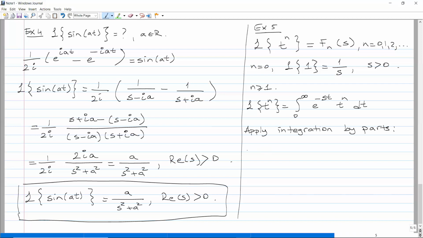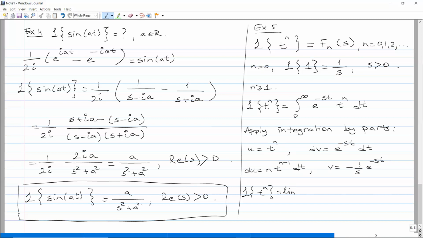I take u as t to the n and dv as e to the minus st dt. Then du is n times t to the n minus 1 dt, and v is minus 1 over s e to the minus st.